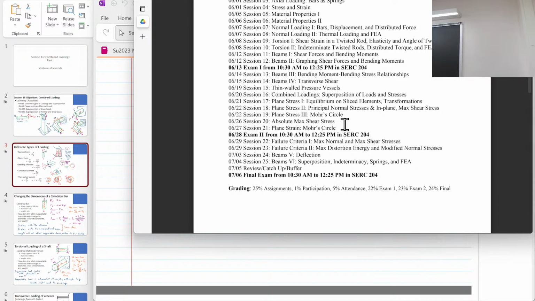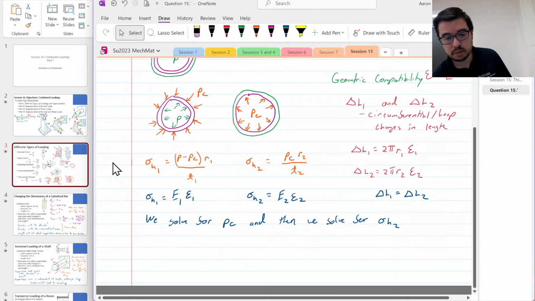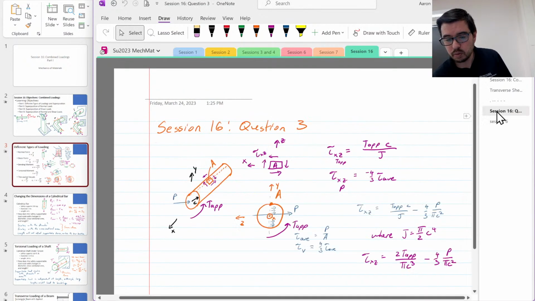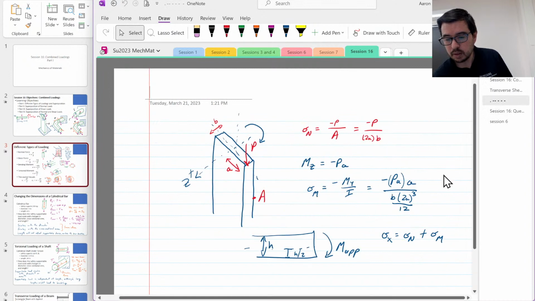It's bending around the central axis, correct? Or bending around the far right. This is actually in the OneNote. It's actually bending about what I'm calling Z here.